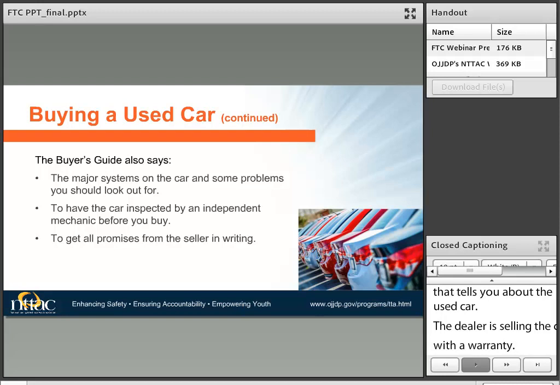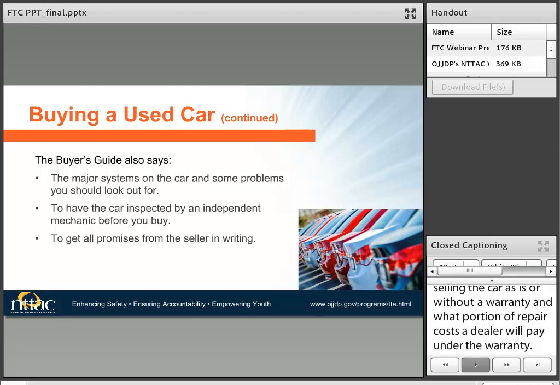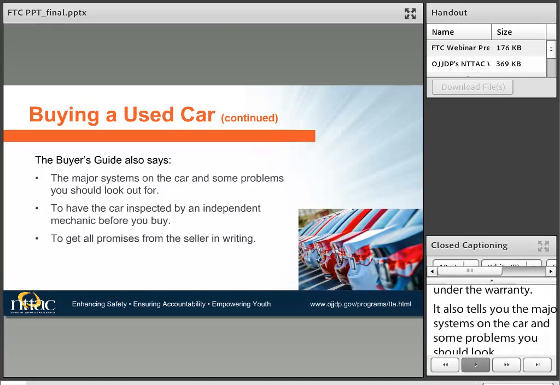It also tells you the major systems on the car and some problems you should look out for. To have the car, like we said before, inspected by an independent mechanic before you buy, and to get all promises from the seller in writing.